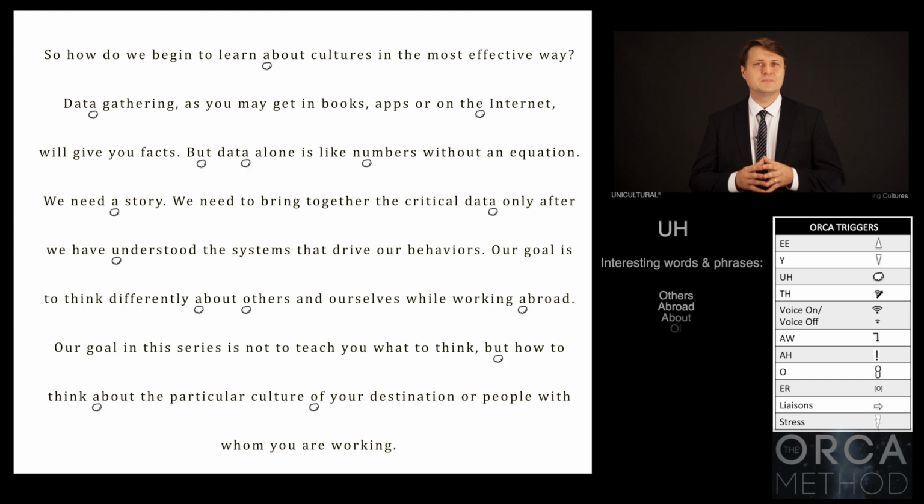So now on to the sound. So how do we begin to learn about cultures? Okay, so let's identify this sound. The sound is a thinking cloud, because when we think, we say like that.